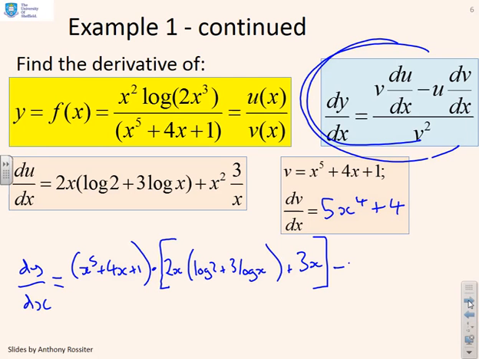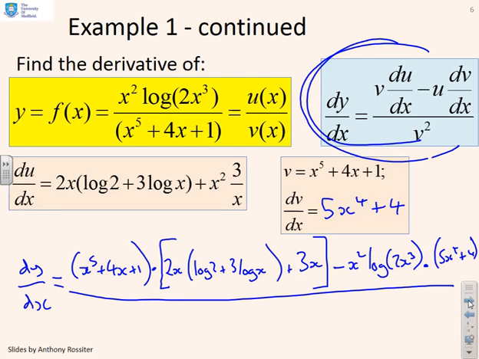So u is x squared log 2x cubed times dv/dx, which is 5x to the 4 plus 4. We just about fit it in, and then all over v squared, which is (x to the 5 plus 4x plus 1) squared. Now I accept that this is quite messy, but the most important message for you to see is if you keep things neat and tidy, you make clear definitions of what you're doing, then all it comes to is plugging the numbers into a formula.